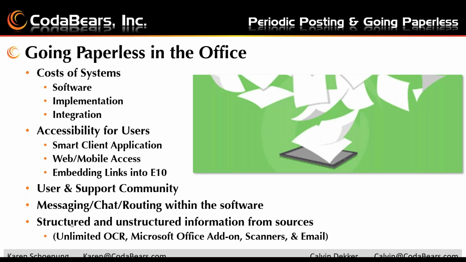And then the structured versus unstructured information. So I can have OCR where the document reads and scans the text and auto enters. Is it an add-in that shows up in Microsoft Outlook or in Microsoft Word? Does it work with scanners?